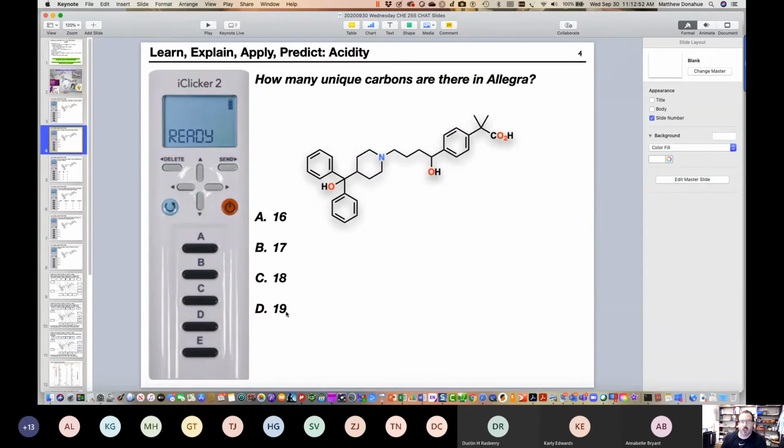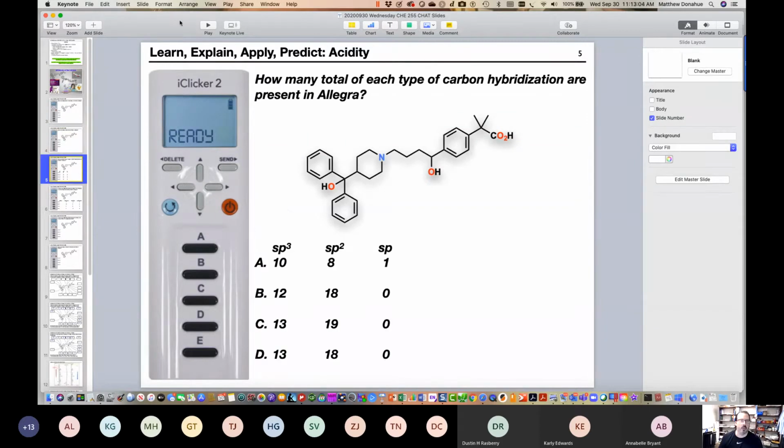Now I'm going to probe a little bit deeper. Again, these are just basic questions probing what you already know, but we're going to connect it to acidity and basicity. How many total of each type of carbon hybridization are present in Allegra?